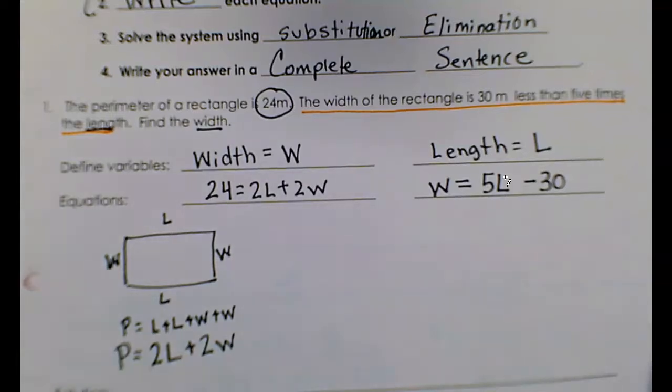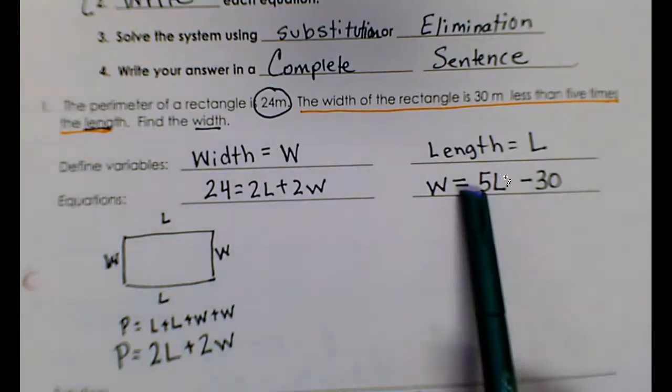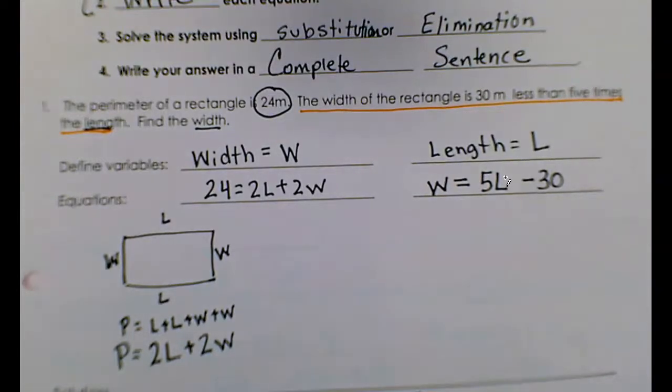You can solve these with any of the 3 methods, but graphing's usually not your number 1 go-to option, and so we can solve these either by substitution or elimination.